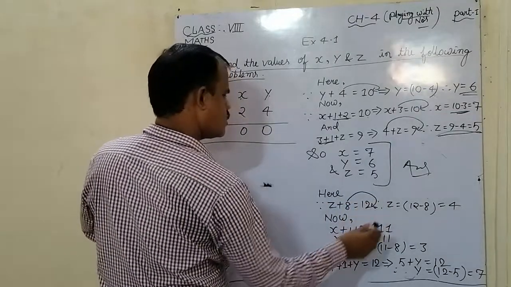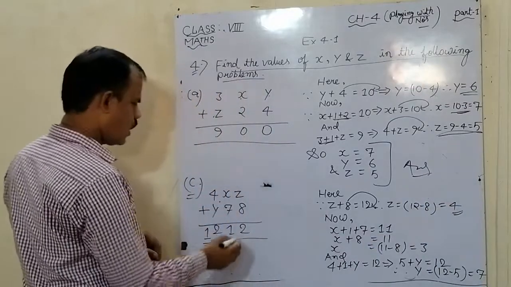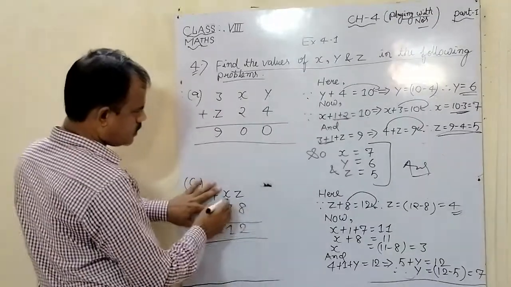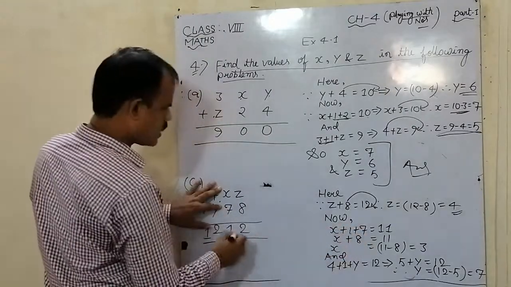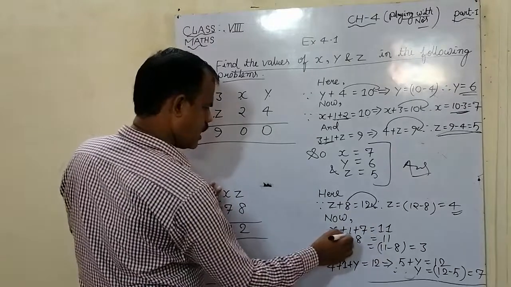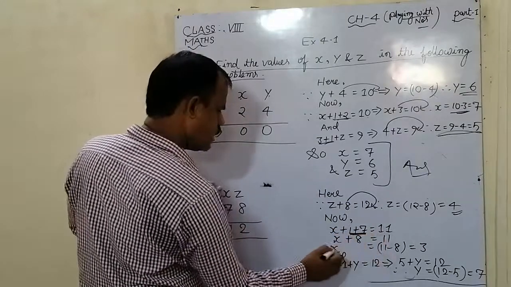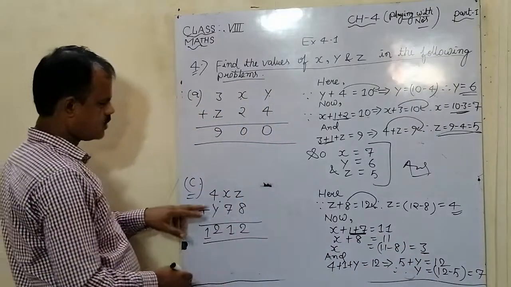So z equal to 12 minus 8, which is 4. Now you can see here 1 carry is there. So we write x plus 1 carry plus 7 becomes 11. So x plus 1 plus 7 is 8, x plus 8 equal to 11, x equal to 11 minus 8, which is 3. So the value of x is 3.